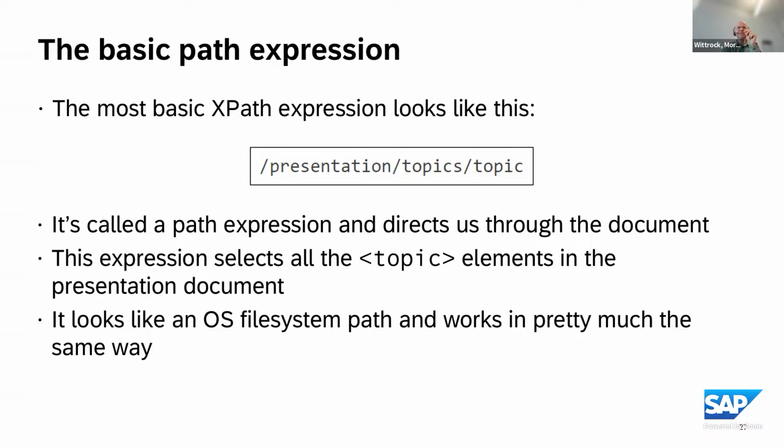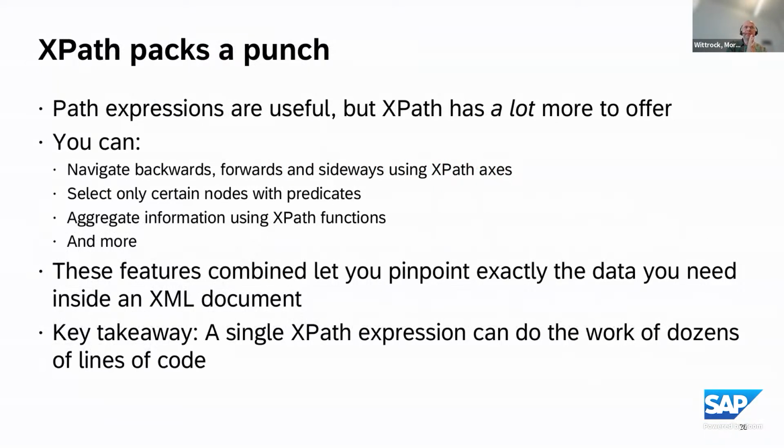It guides us through the document, starting at the root element, the presentation element, going to topics, and then selecting all the topic elements in that presentation document you saw earlier.